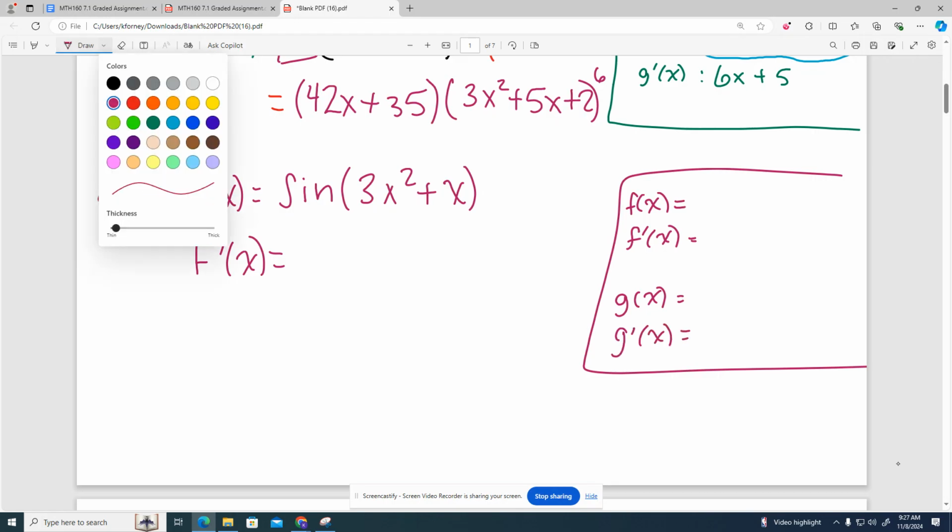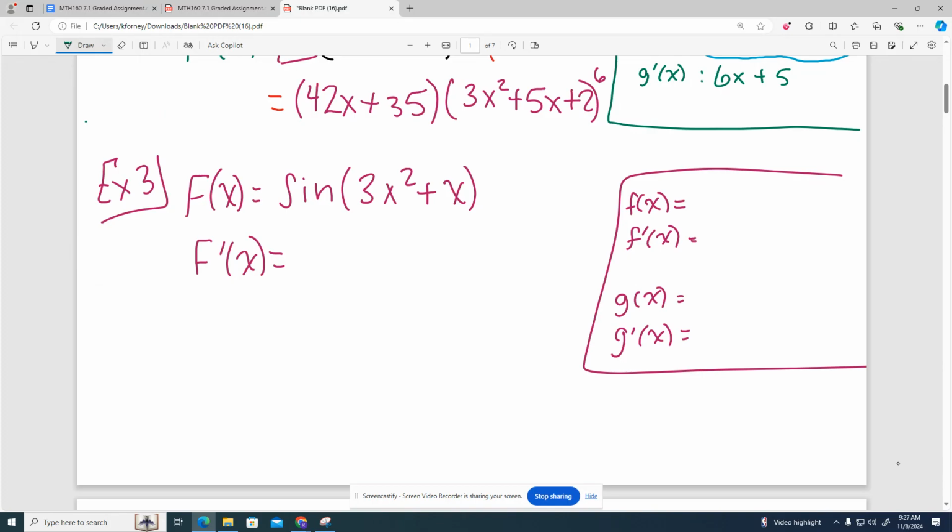So what would we say is the inside of the composition? 3x squared plus x. So the outside is sine x. Okay? So what is the derivative of sine? Cosine.